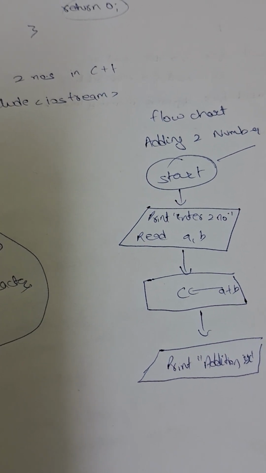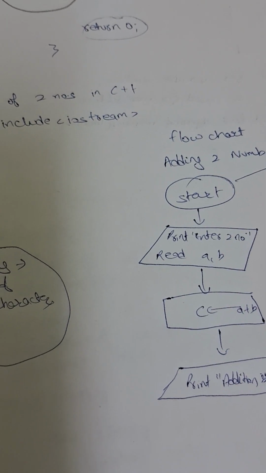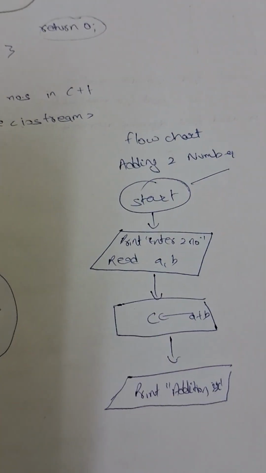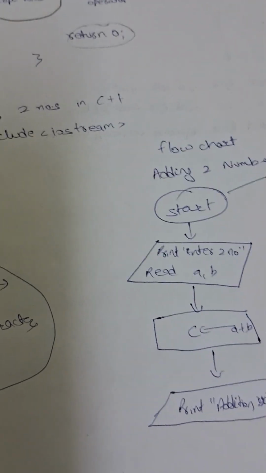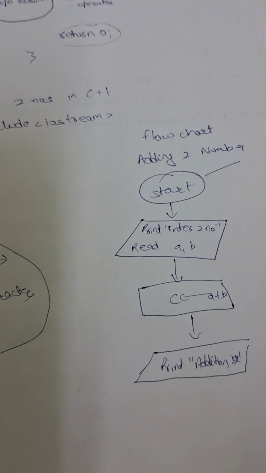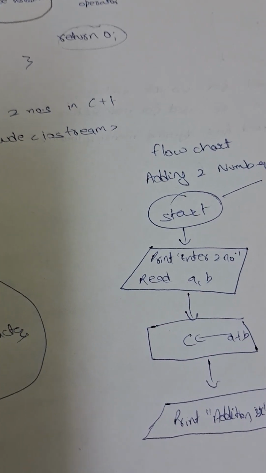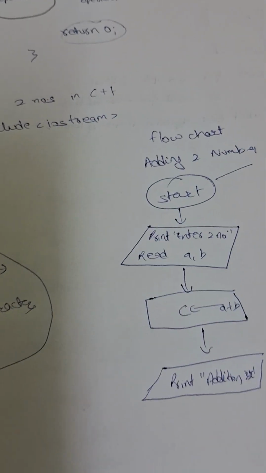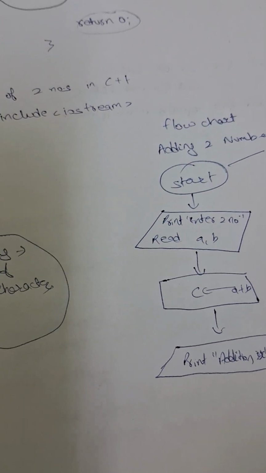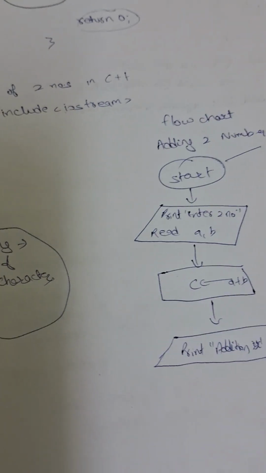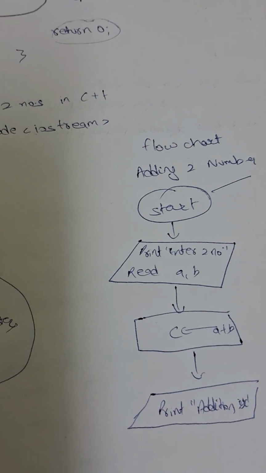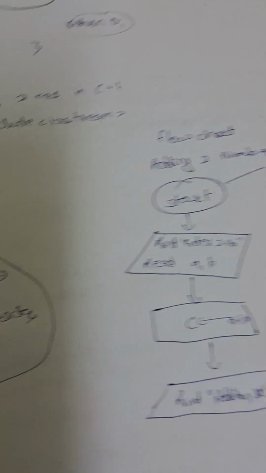We print something like enter two numbers, so that the program knows what we have to print. After int main we use cout to print enter two numbers.